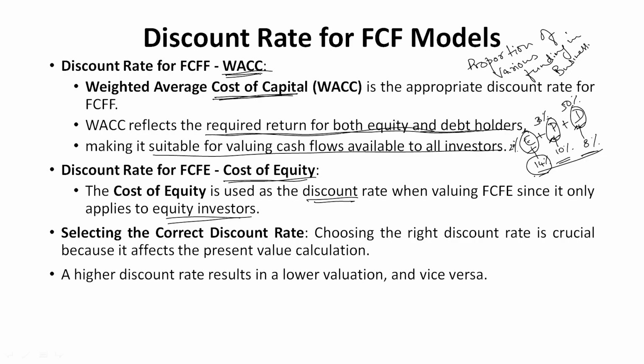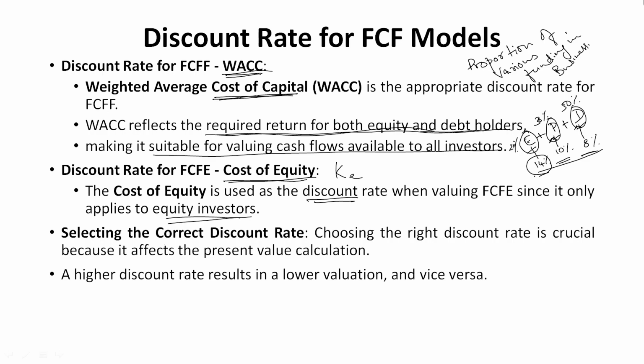So under two conditions: first, for free cash flow to equity, I'm going to use the cost of equity as the discounting rate, and for free cash flow to firm, I'm going to use the weighted average cost of capital as the discounting rate in order to find out the rate of return, the discount rate of cash flow.